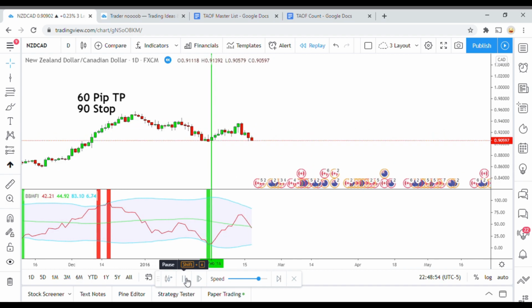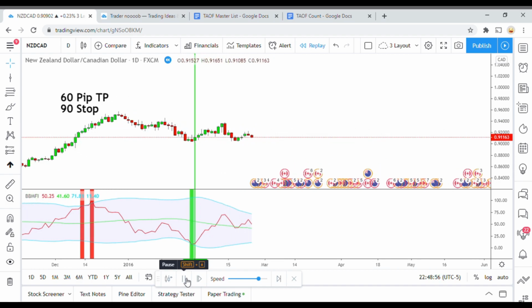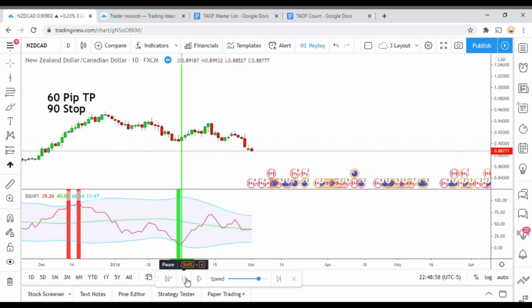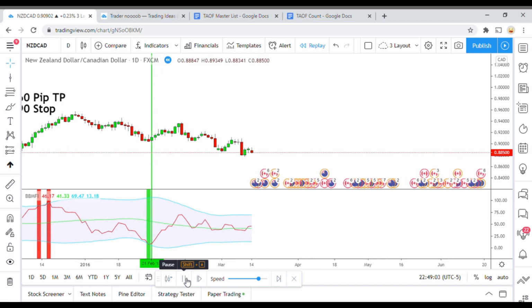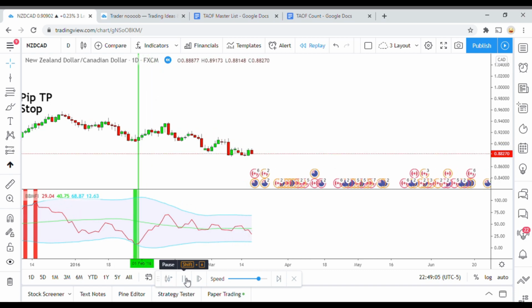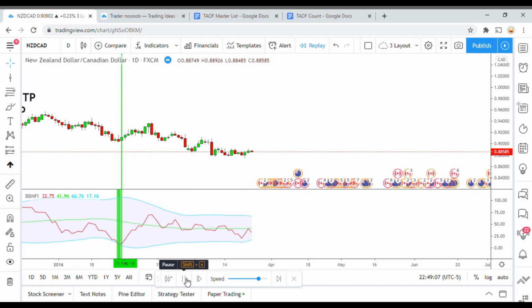And so we need to get the initial setup looking for a position, a specific direction, and then a trigger to actually then enter into the trade from there.